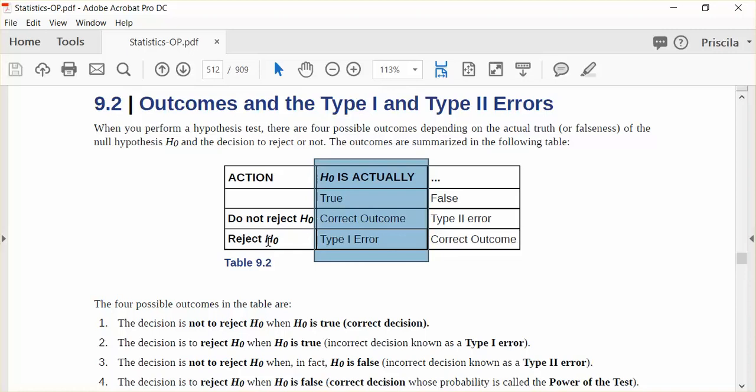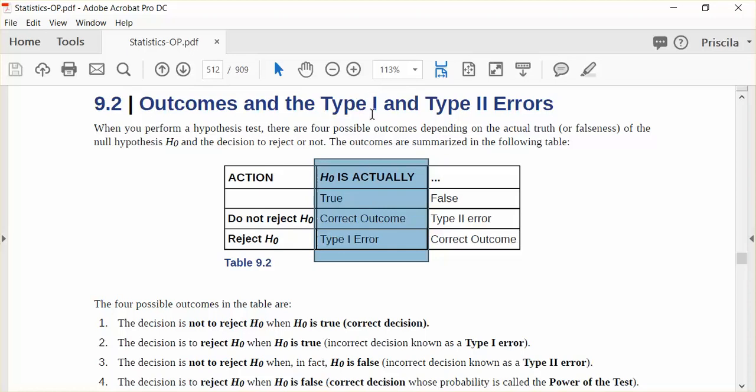To reject the null hypothesis based on your numbers, you would be making a type 1 error. So when you reject a null hypothesis that is actually true, you are going to have a type 1 error. And here you see do not reject. You're also going to see the wording fail to reject. So if you hear fail to reject, do not reject, accept, they're all going to be the same thing.